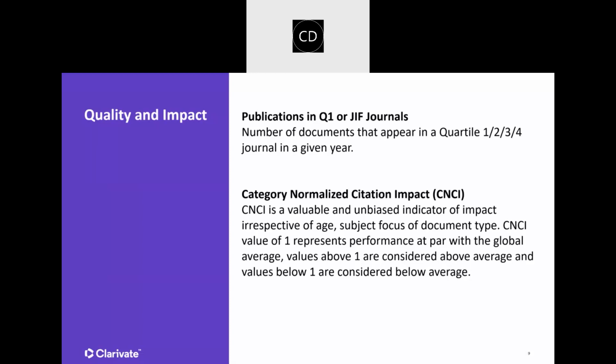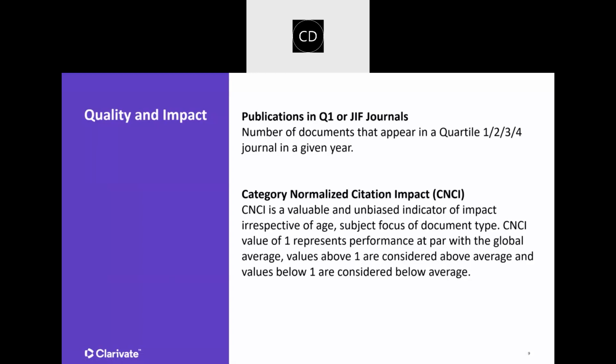What we've done is take all the citation counts of papers in the same document type, the same subject area, and the same publication date to derive this indicator. To make it easier for you to understand, the value of 1 always represents the global average. I repeat, a CNCI value of 1 will always represent the global average.